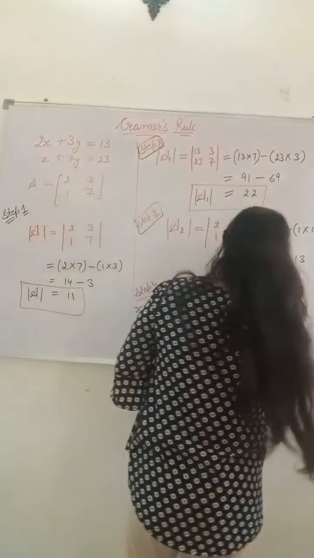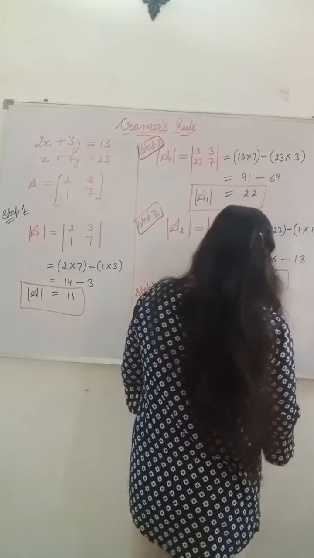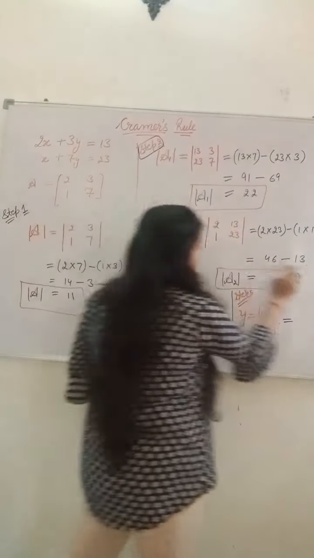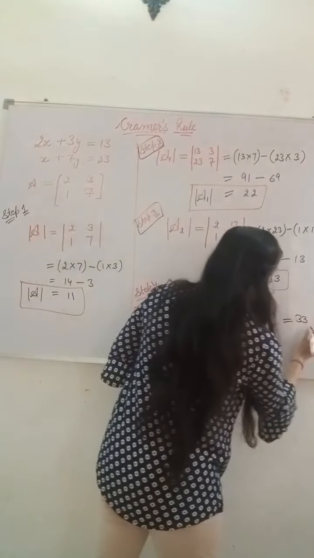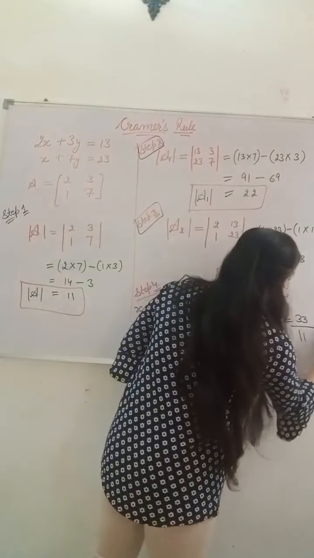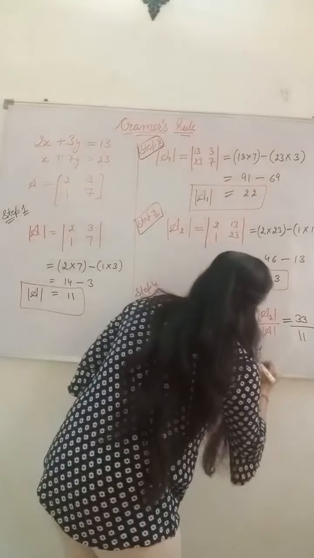Step 5 is the value of y, which can be computed from A2 determinant upon determinant A. Just put its values. Determinant A2 is 33 and determinant A is 11, that is 3. From this you can see x is 2 and y is 3.